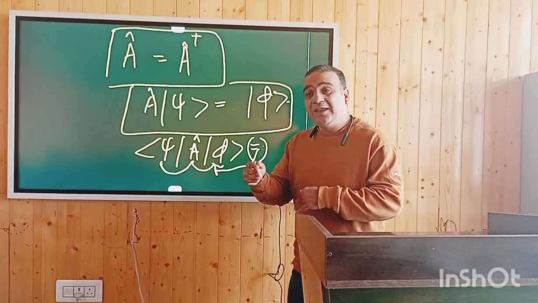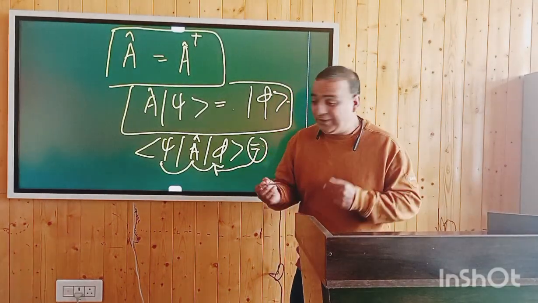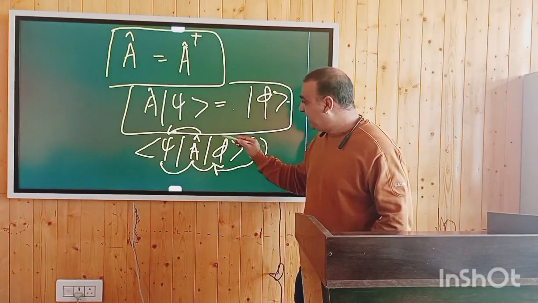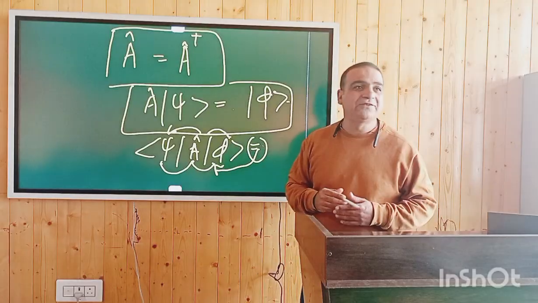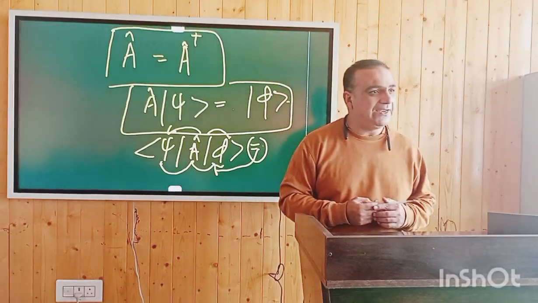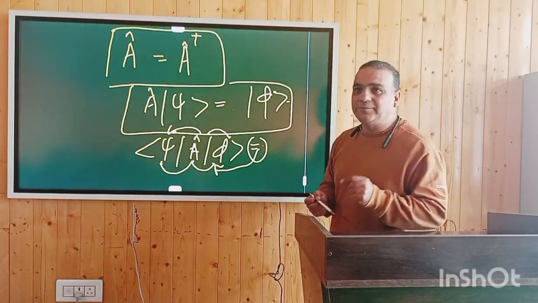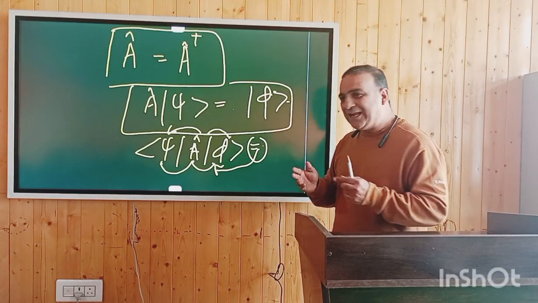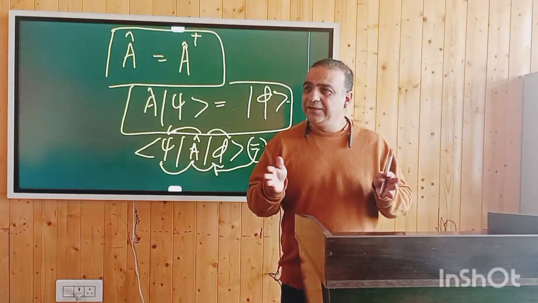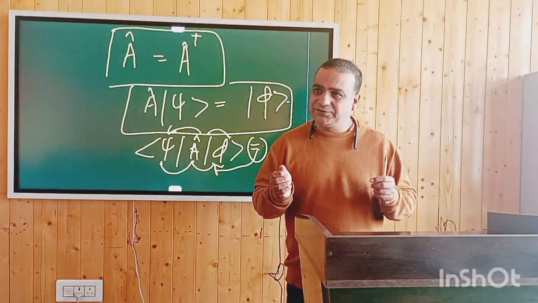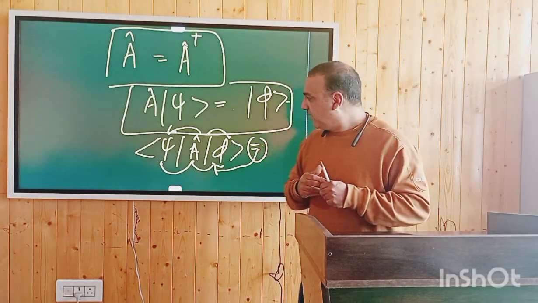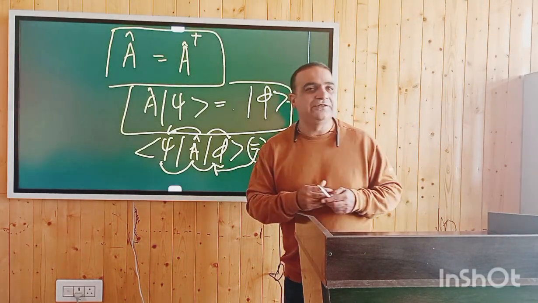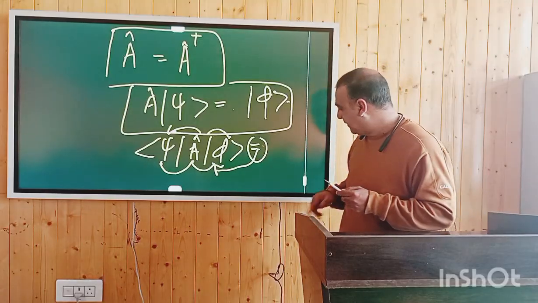If I exchange the action, the result will be the same. This is the fundamental property of a Hermitian operator: exchanging the kets and bras with respect to a Hermitian operator does not change the result.